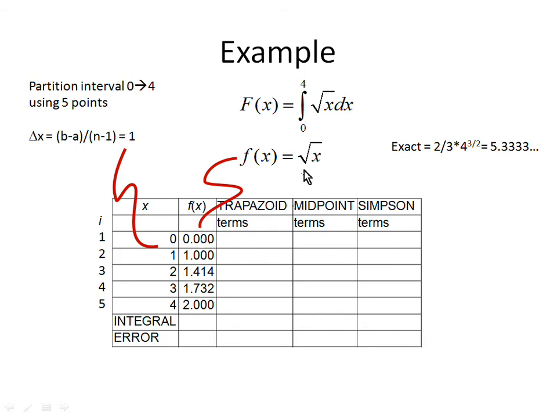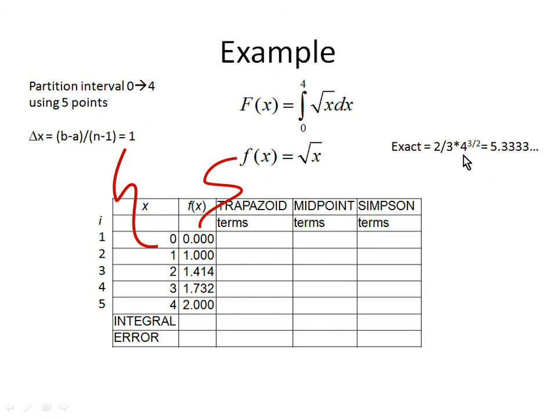If we were to plot this, we would plot f of x, the square root of x, as a function of x.